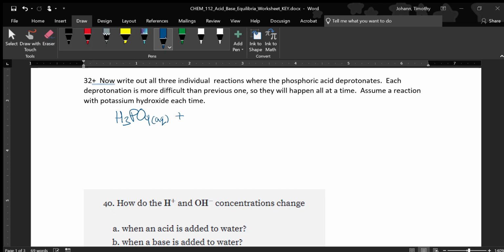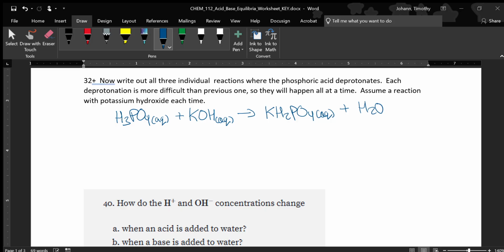And so what this would look like is we'd start with our phosphoric acid, and that would react with one equivalent of KOH. KOH is a strong base, so it'll fully react, and that would give us one KH2PO4 aqueous plus 1 water.